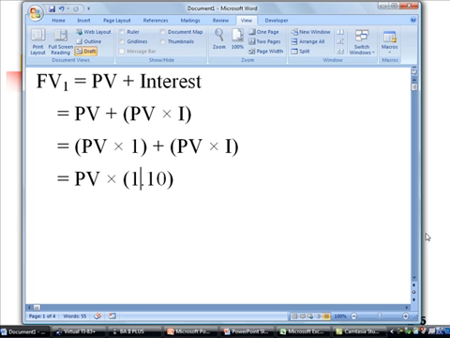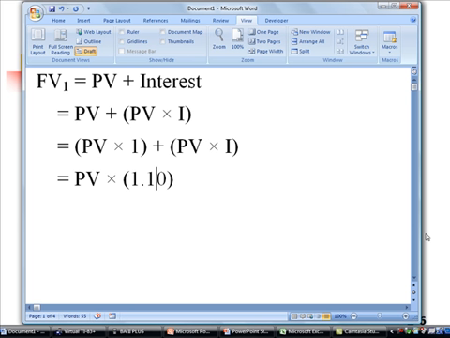So you know that if something is going to grow by 10%, then that's the same thing as multiplying it by 1.10. Along the same lines, if it had grown by 5%, then you would have just multiplied by 1.05. If it had grown by 20%, then you'd be multiplying by 1.2 or 1.20. Okay, but in this case it was actually 10%.